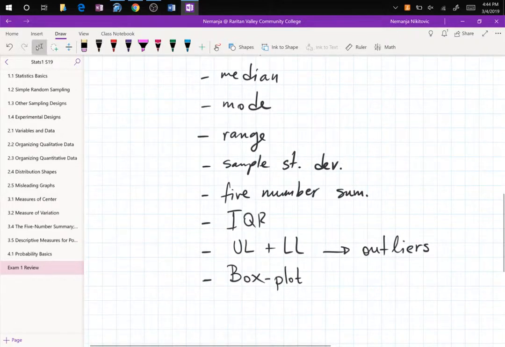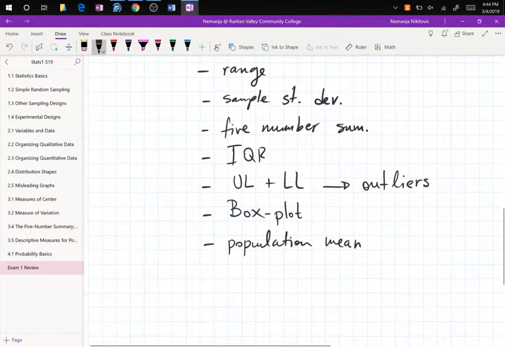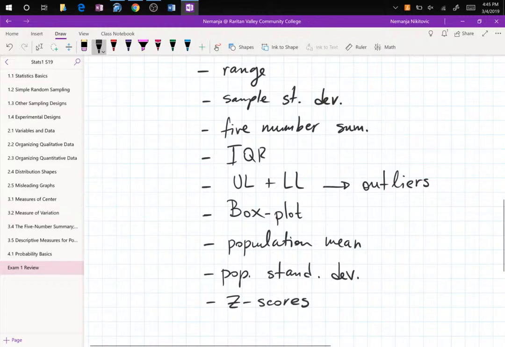And after that, the last lecture introduced population mean, population standard deviation, and z-scores. And technically all of your formulas are in chapter 3. So you have technically 2 chapters of words and categorizing things and sorting stuff.